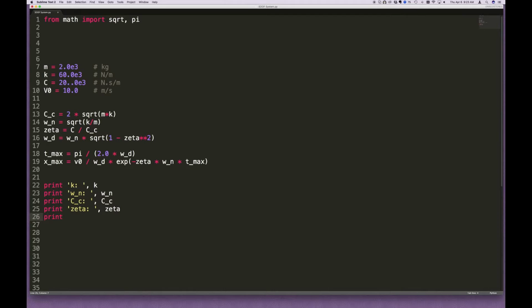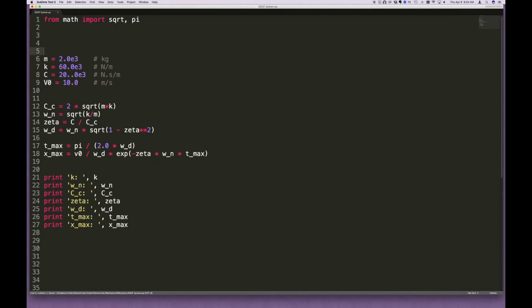We can print out omega sub d, the damped frequency. And of course T max. And finally X max. That's it.